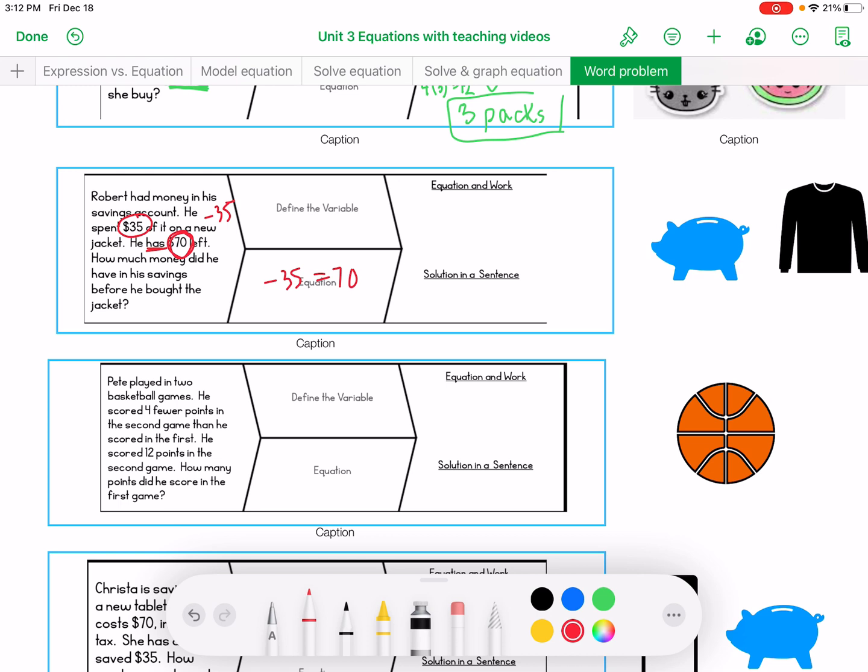He has $70 left. Has is telling us that you're equal. How much money did he have in his savings account before then? So M minus 35 equals 70. We know they're asking us about money, so M is going to be our variable because that is going to solve for our money.